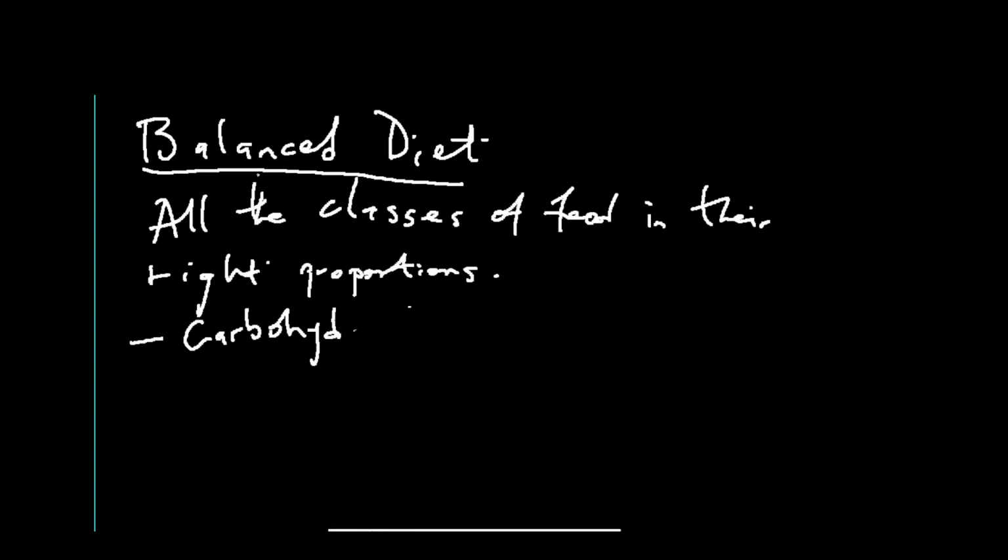The energy that every organism needs is provided by carbohydrate, and there are different types of carbohydrates. We have the monosaccharides, the disaccharides, and the polysaccharides. The monosaccharide has one sugar, the disaccharide has two sugars, and the polysaccharides have more than two sugars.